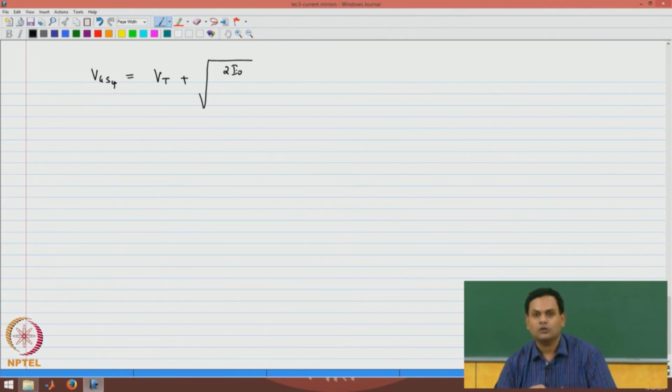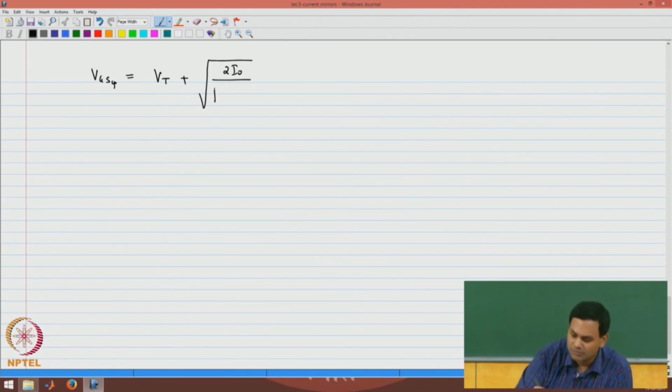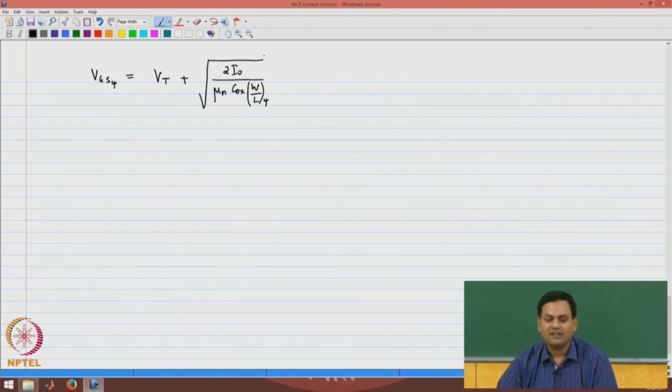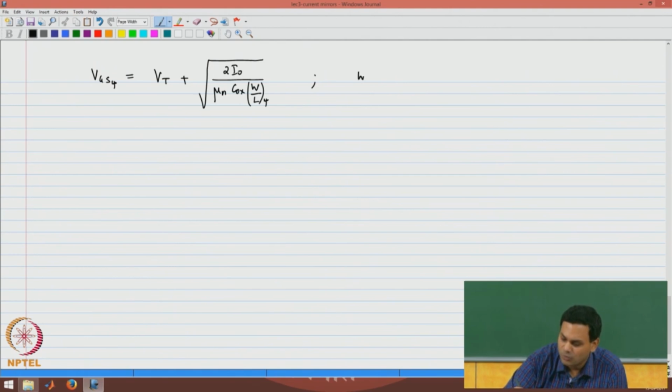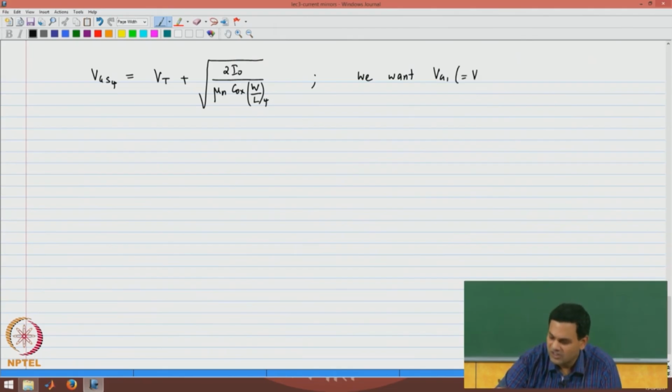Note that M4 also has a bias current of I0. This is the current voltage relationship for M4, and note that we want Vg1, which is equal to Vgs4.